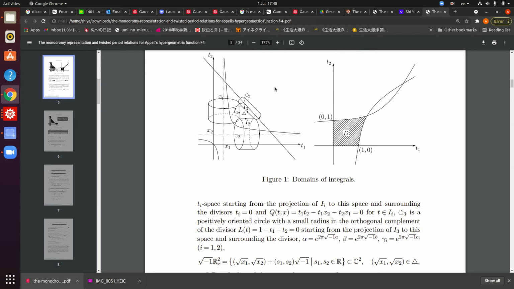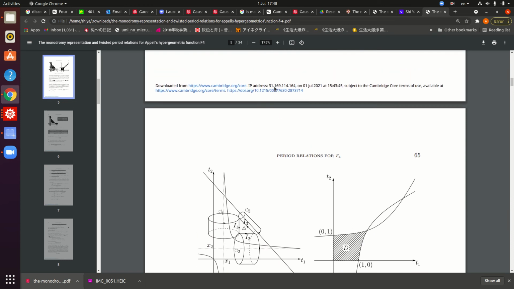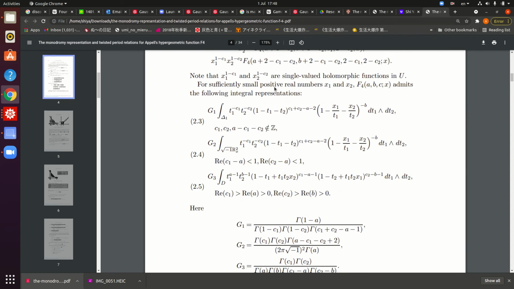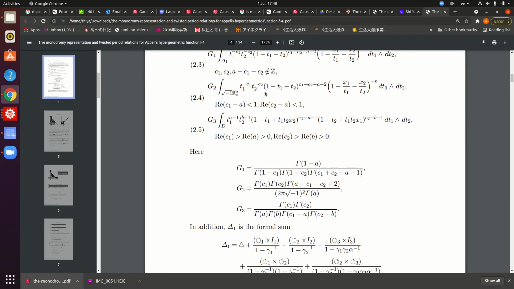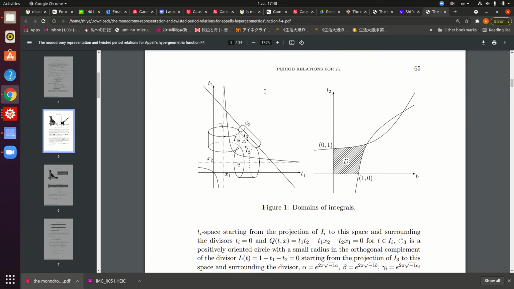So if you use 2.5, you have to use G3 that's written below. So basically, that's another way of writing the integral over the region D. Okay. Check page 65 for D, right? It's on page 65.